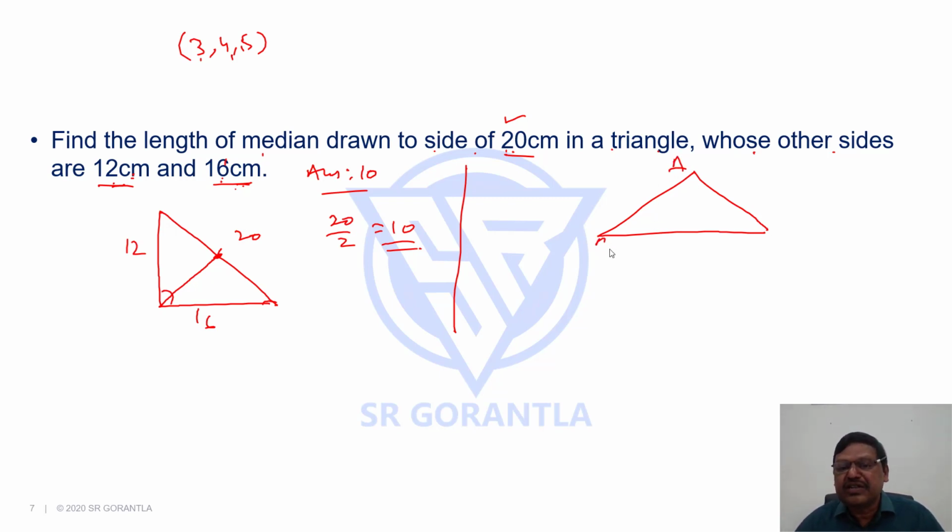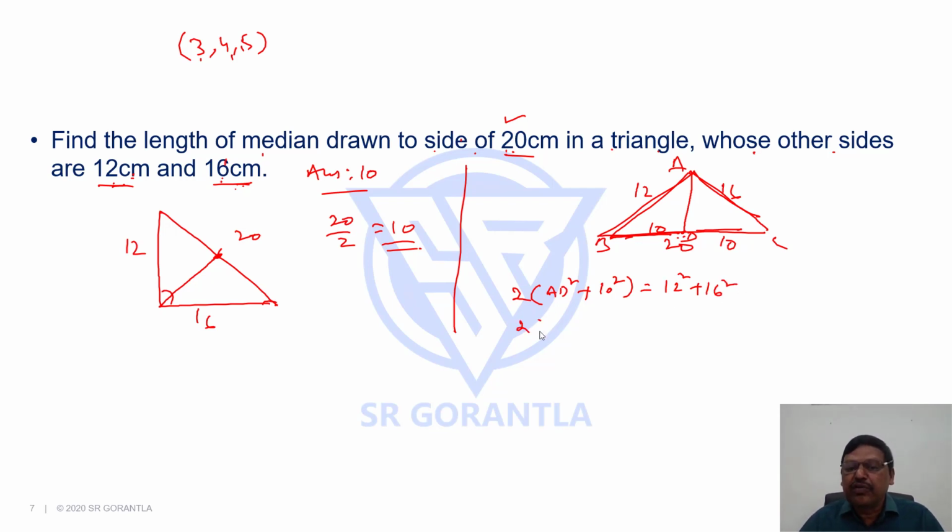Suppose I say ABC is a triangle with sides 12, 16 and 20. Now I want the median drawn to side 20. If I draw a median, this will be the midpoint, so BD will be 10, DC will be 10. If I apply Apollonius' Theorem, 2 into AD² which I have to find, plus BD², which is 10², equals 12² plus 16². So 2AD² plus 100 equals 144 plus 256, which is 400.